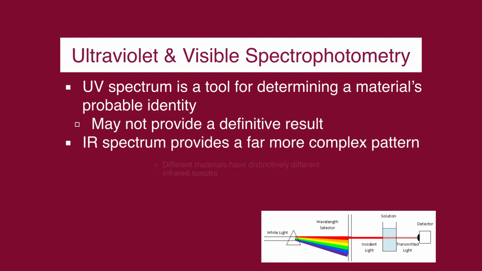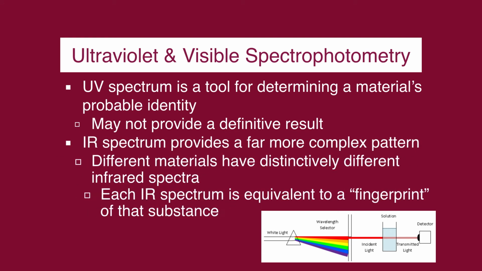Ultraviolet and visible spectrophotometry. When we talk about a UV or ultraviolet spectrum, it's a tool to determine a material's probable identity, but it may not provide a definitive result.